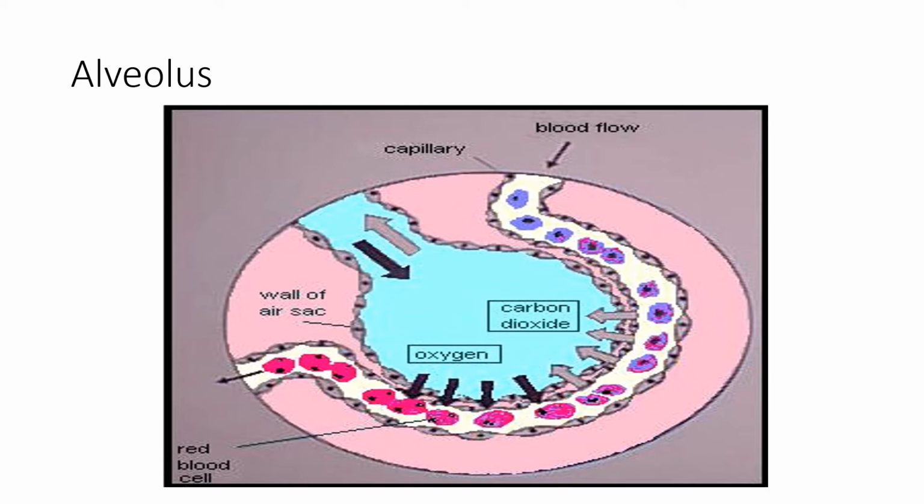So very simplistically, we've got a pressure driven system which gives a net movement of oxygen into the pulmonary circulation and a movement out of the pulmonary circulation of carbon dioxide.